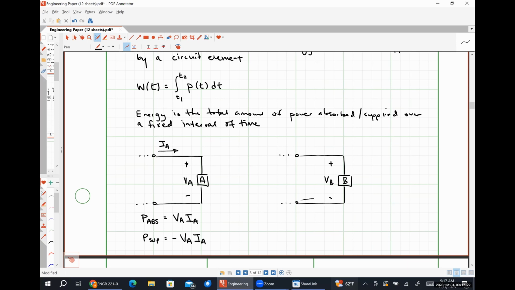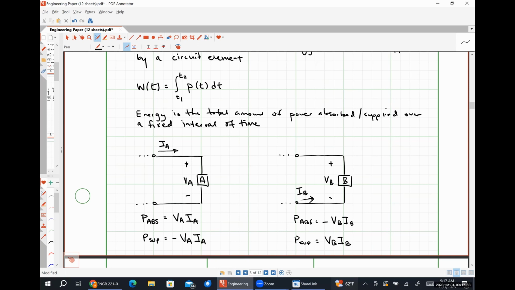And now I'm going to say that current IB is flowing into the negative polarity terminal. For this situation, the power absorbed is negative VB times IB, and the power supplied is positive VB times IB.